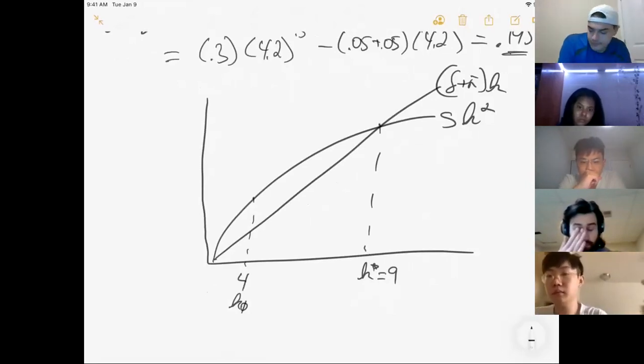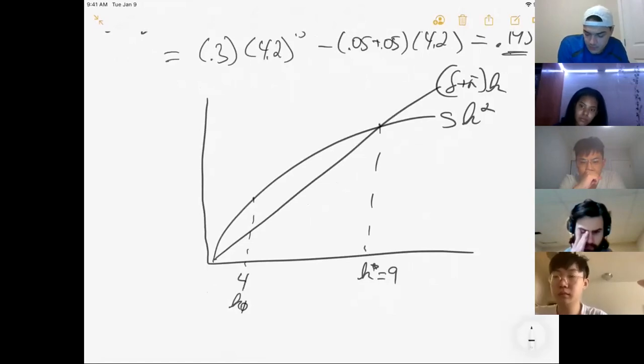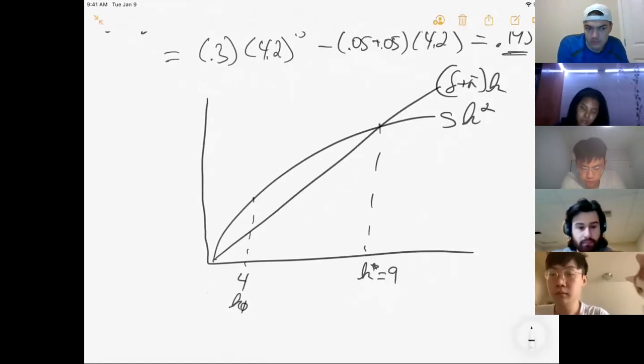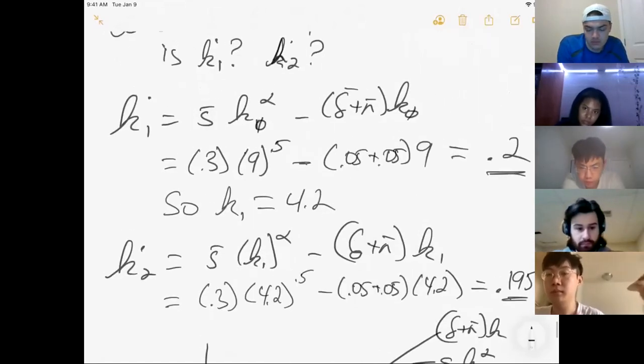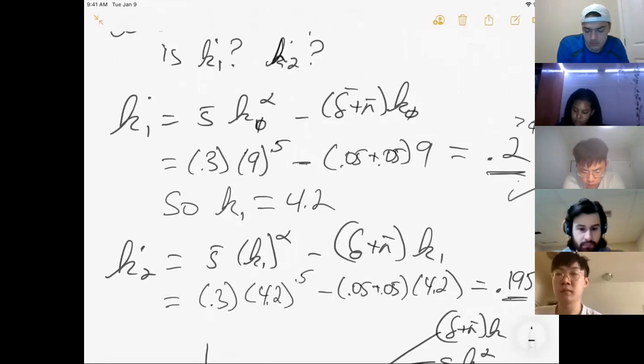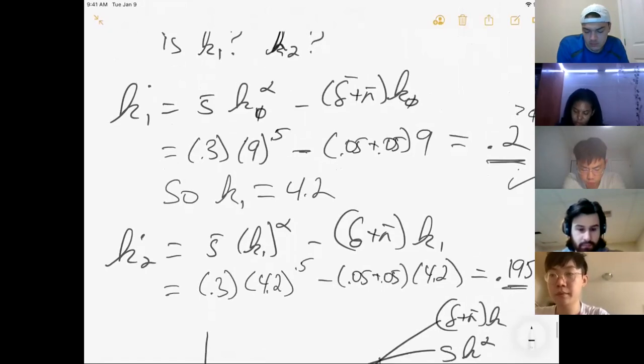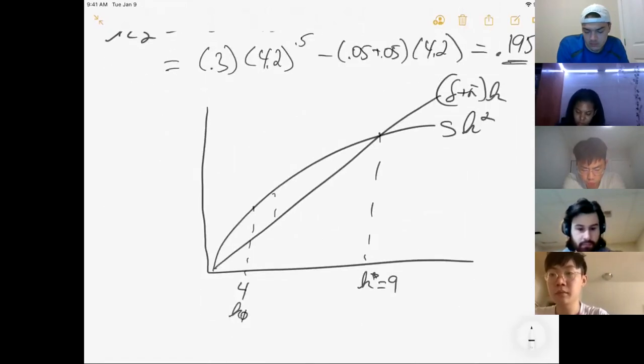It needs to be positive because we're below the steady state. So the fact that we got a positive number here makes sense. We should get a positive number because we know we're below the steady state. So where do we move in period 1?